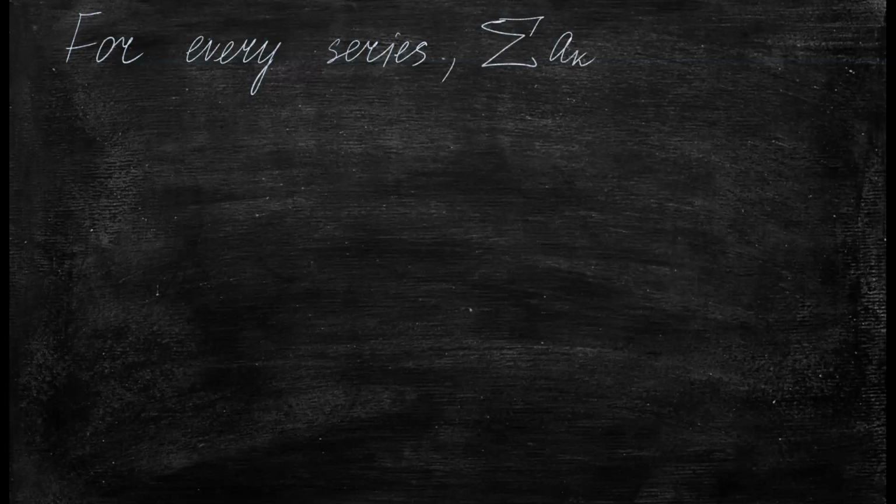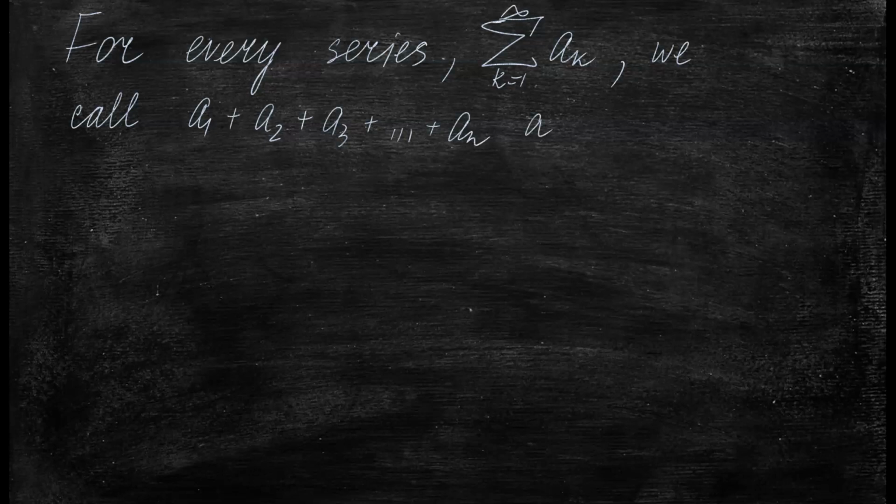for every series, the sum of finitely many terms is called a partial sum, and actually it's not just called the partial sum, it's called the partial nth sum.